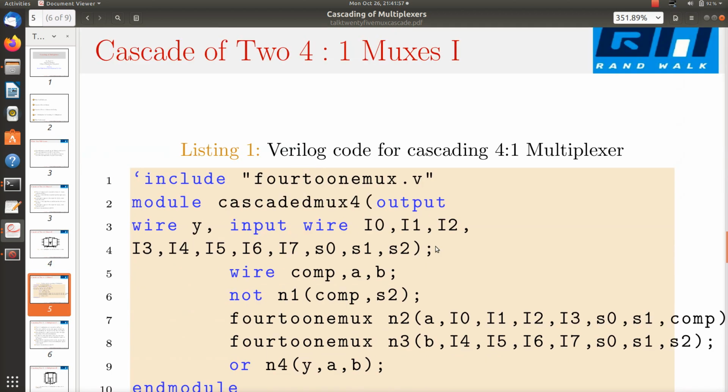Now how do I make a Verilog code for this? I can use Verilog to cascade two 4:1 muxes to form an 8:1 mux. I will show you that code here.